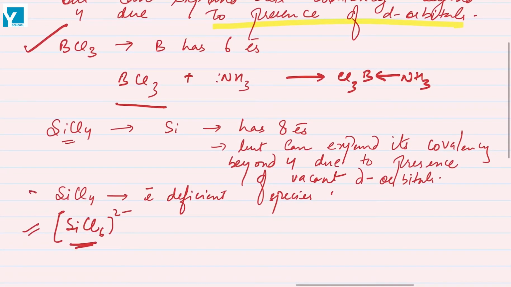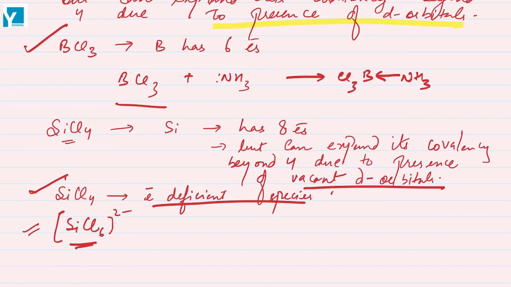If we are saying SiCl4 is an electron deficient species and it can accept electrons due to the presence of vacant d orbitals, it means that SiCl6 2 negative should exist, but it does not exist. So students, the reason is that 6 large size chlorine atoms cannot be accommodated around a small silicon atom, right?